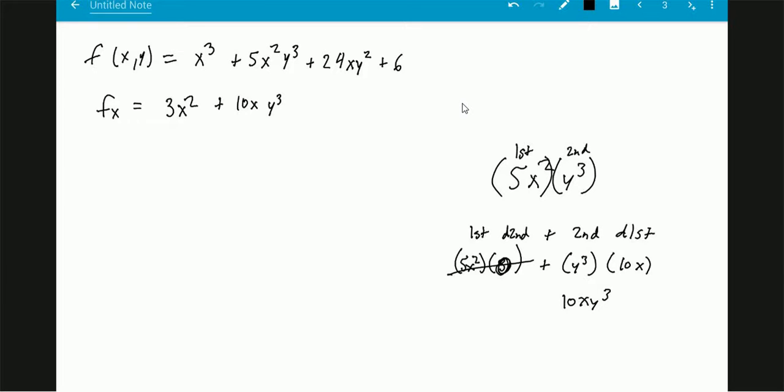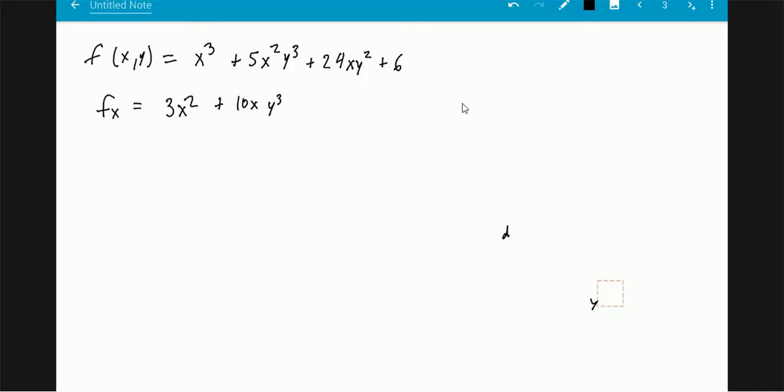Okay. We'll do the same process in the third term here. So we've got 24x times y squared. Again, think of that as first times second. So first would be the 24x times the derivative of the second.